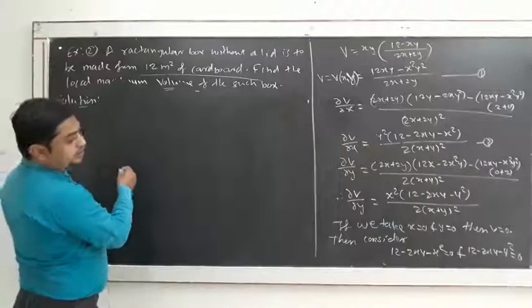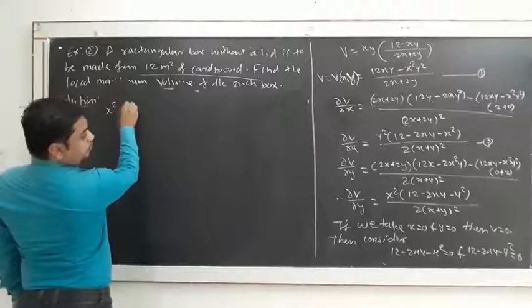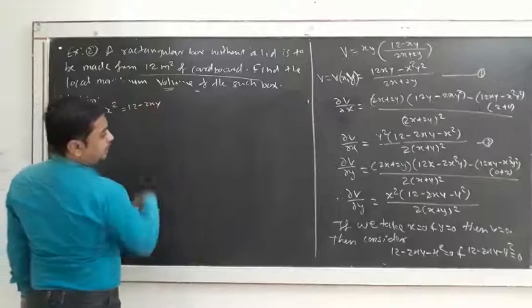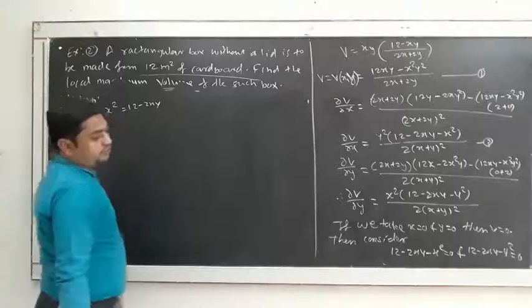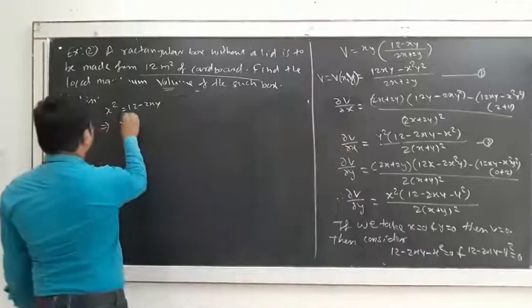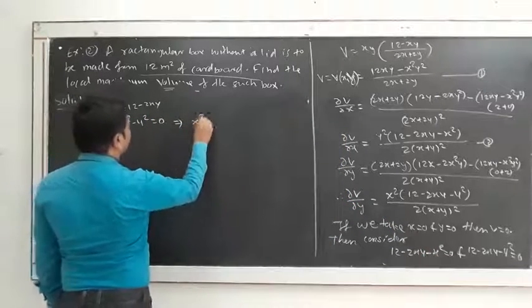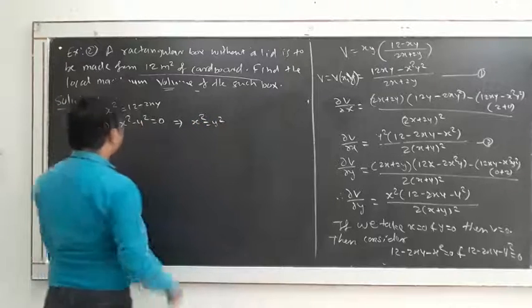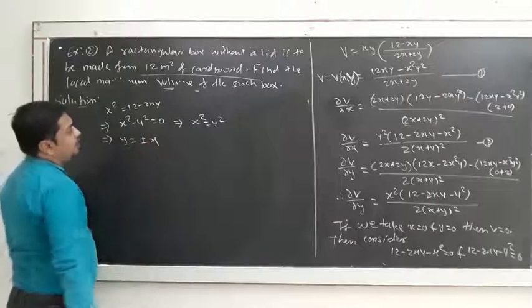What we are getting here? x square is equal to 12 minus 2xy, and this implies that if you put this value in the second equation, then what we are getting? x square minus y square is equal to 0, so x square is equal to y square, and therefore we can write y is equal to plus minus x.